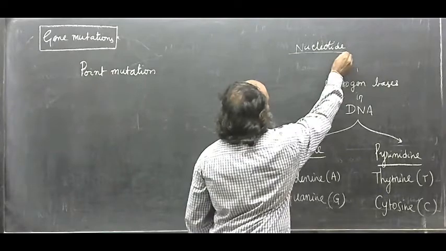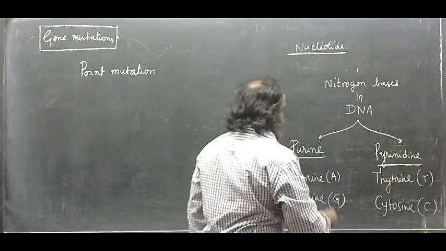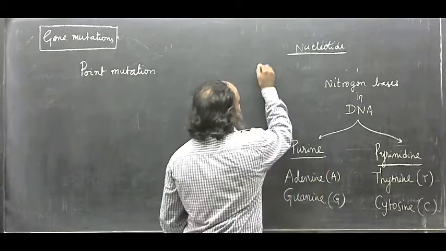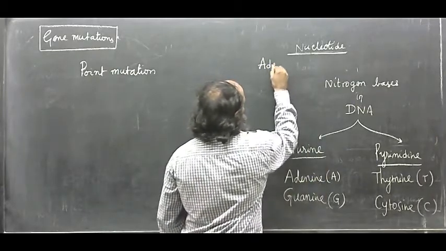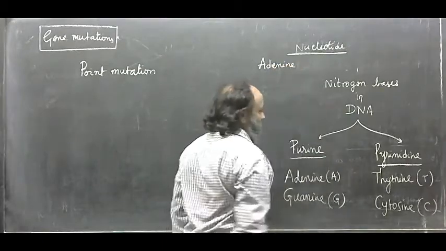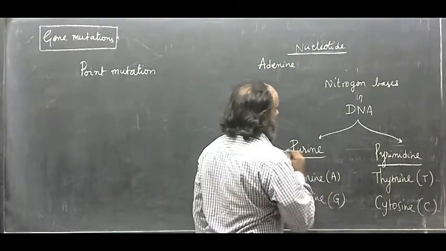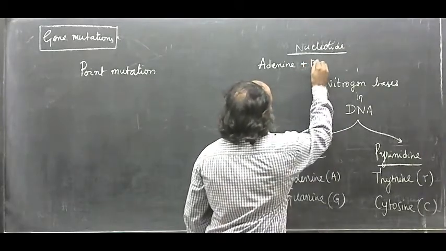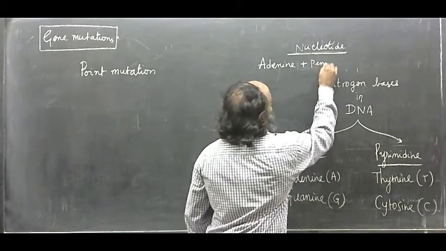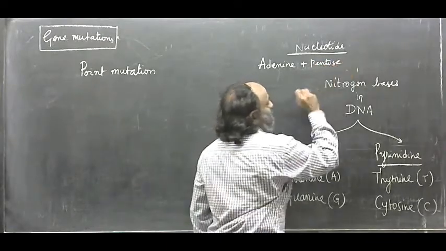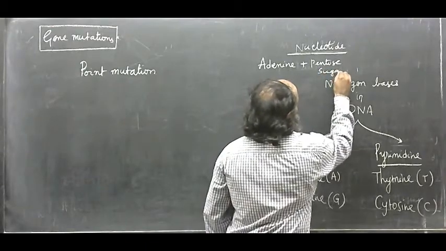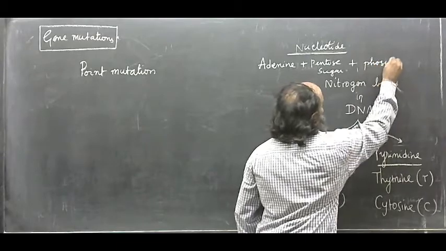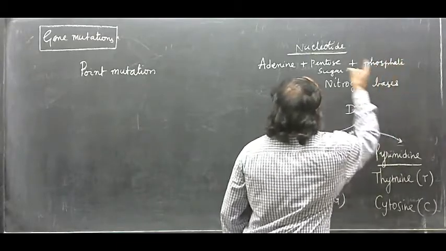If there is a nitrogenous base, say adenine, and a pentose sugar, with phosphate, then it is a nucleotide.